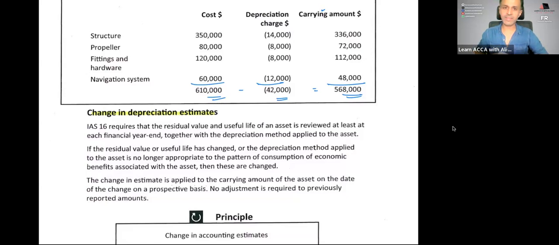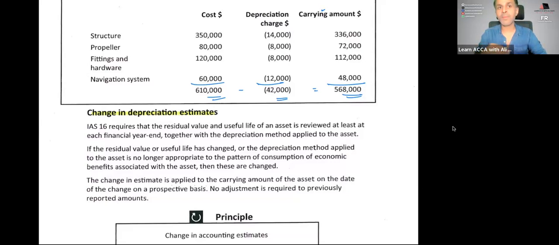And IAS 16 requires businesses to review those estimates every year end. They must. And if those are changed, they must start recording the depreciation based on the revised estimates.